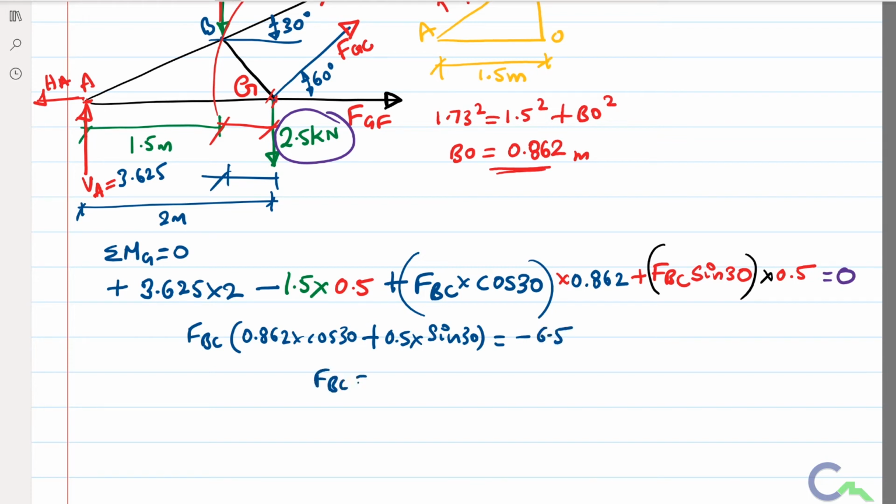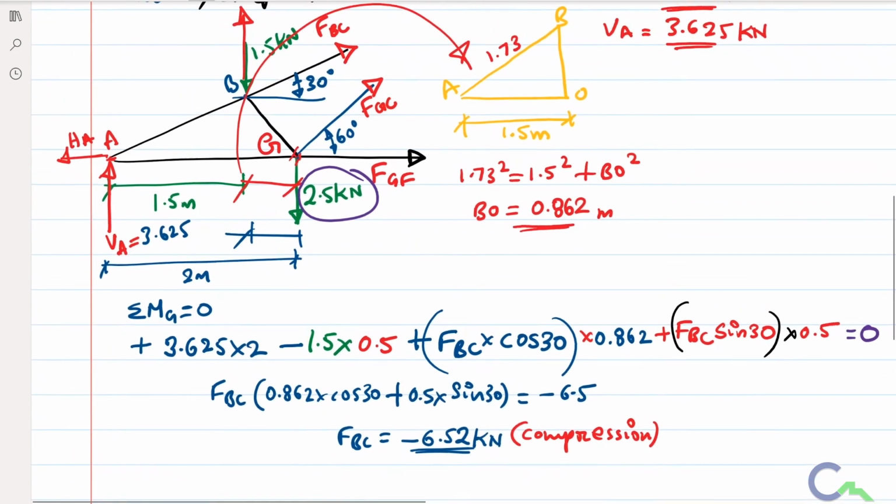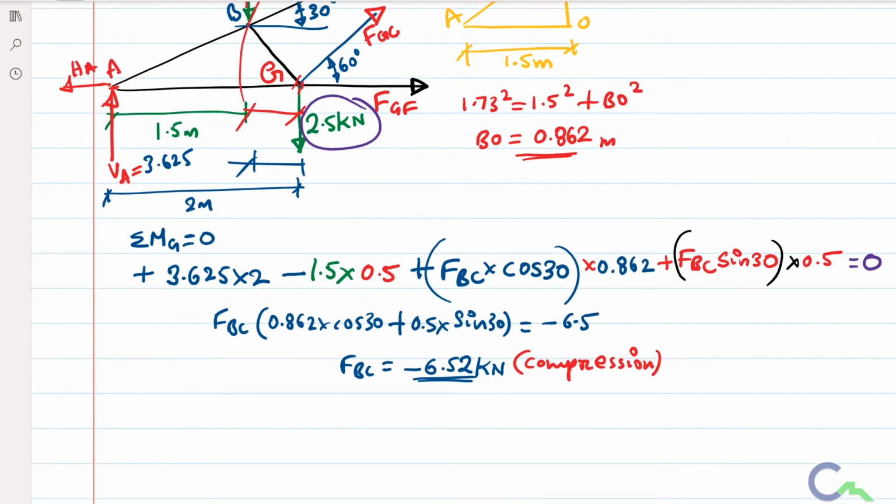Therefore FBC is equal to minus 6.52 kilonewton. We got a negative answer. Therefore our initial assumption is wrong. Initially I took it as tension, which is moving away from B. So our assumption is wrong because we got a negative answer. Therefore this member is in compression.